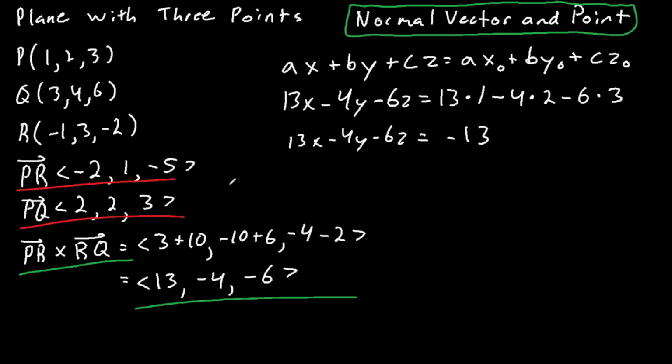This cross product is perpendicular to the two vectors that we got, which means it's the normal vector. Once we have the normal vector, we plug it into the equation Ax plus By plus Cz is equal to A times x null plus B times y null plus C times z null. And once we have that, there's the equation of our plane.